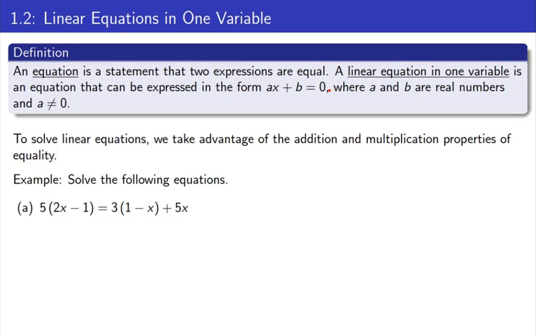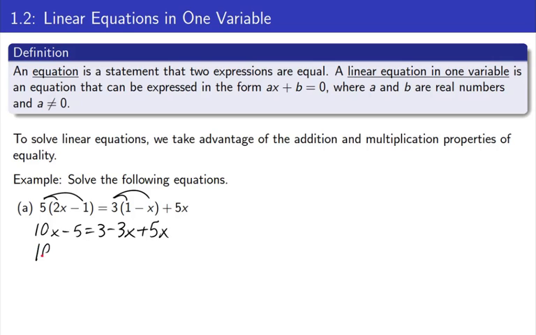Let's see if we can find something on this equation that might be a linear equation. What I'm going to do first is distribute my 5 to both terms, and then distribute my 3 to both terms, and I still have a 5x over here.